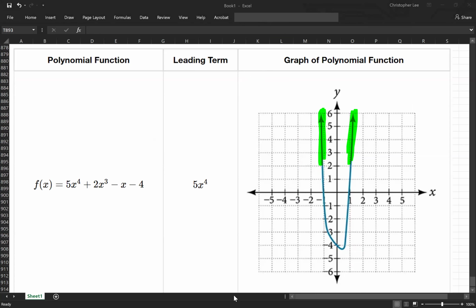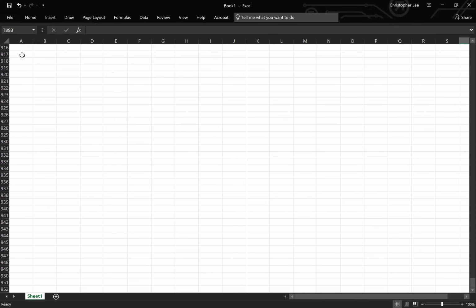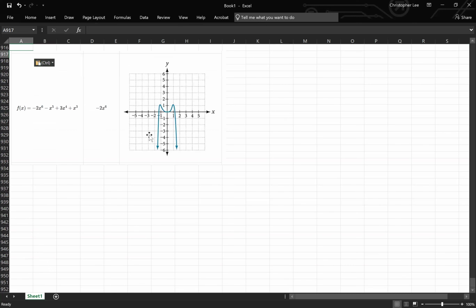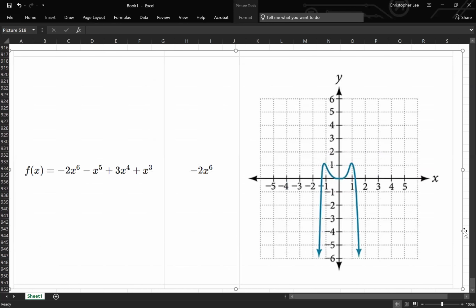Let's look at another example real quick. So over here, I have this polynomial, f of x is equal to negative 2x to the 6 minus x to the 5th plus 3x to the 4th plus x to the 3rd, right? My leading term is negative 2x to the 6.